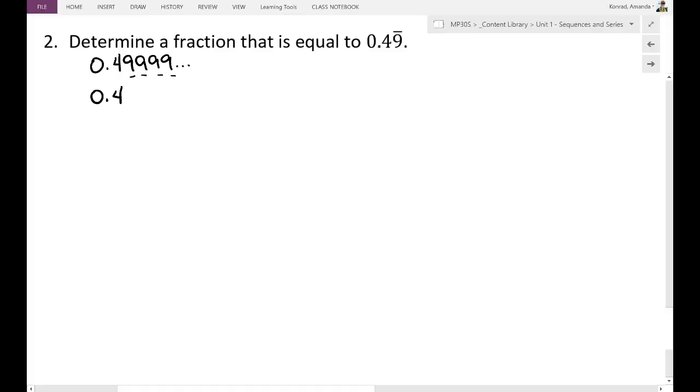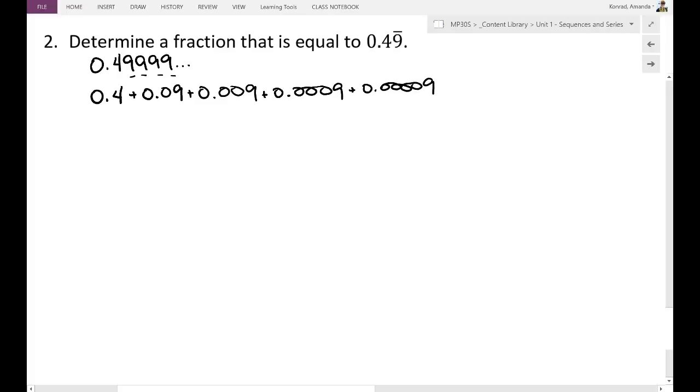Also looking at it as 0.4 plus 0.09 plus 0.009 plus 0.0009, and all of a sudden, do we see a pattern coming up? Absolutely. We've got one more 0 in there every time.